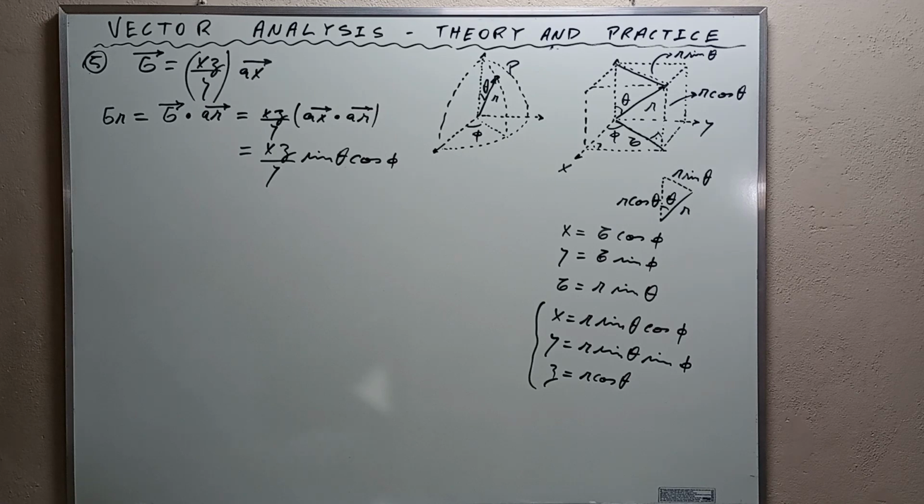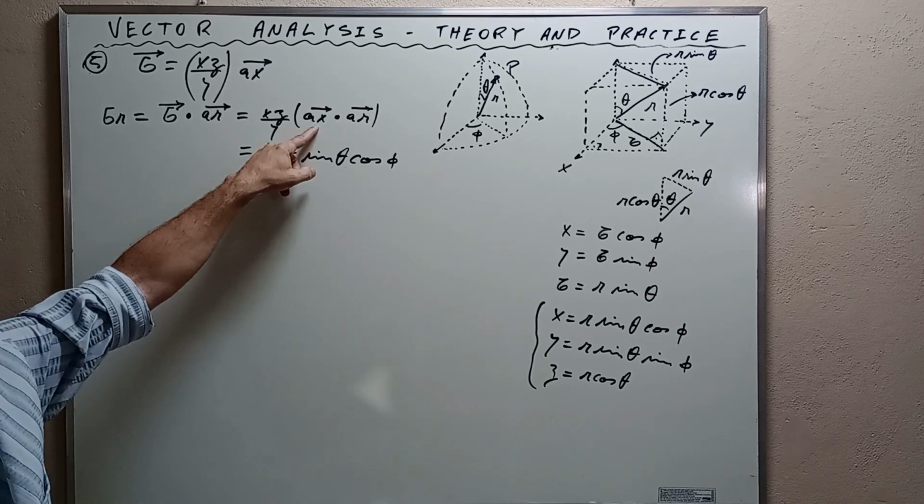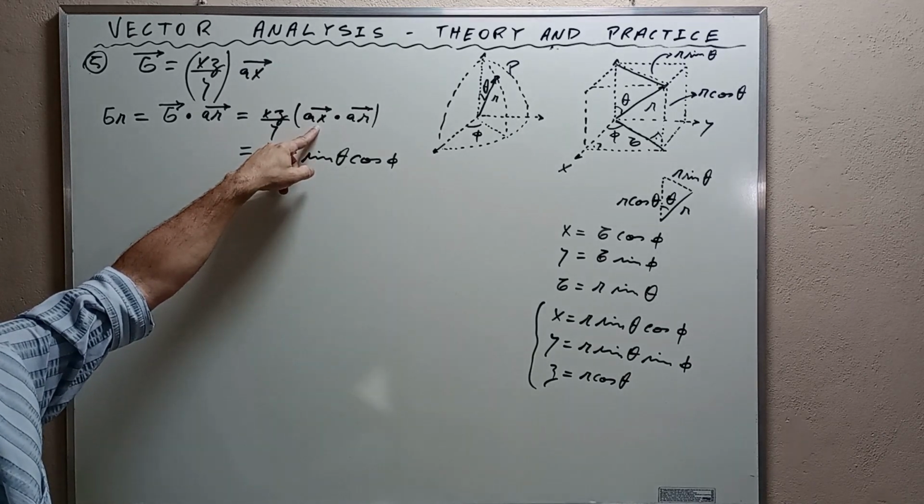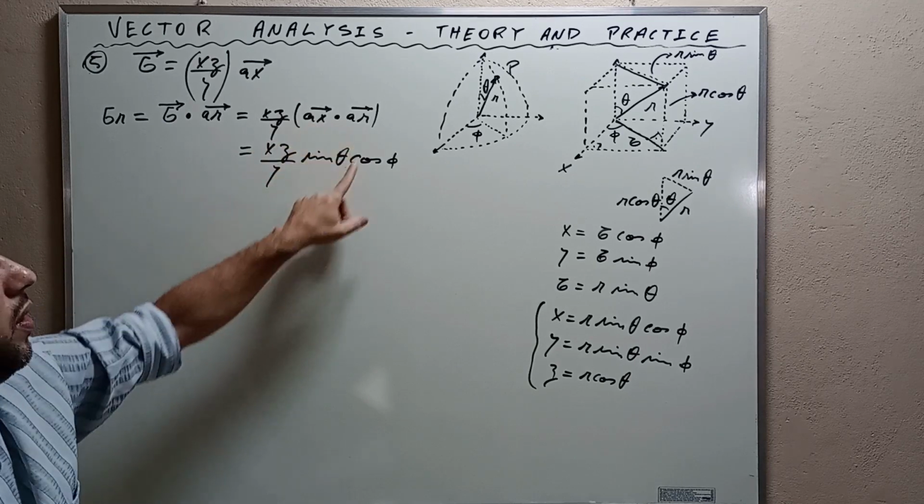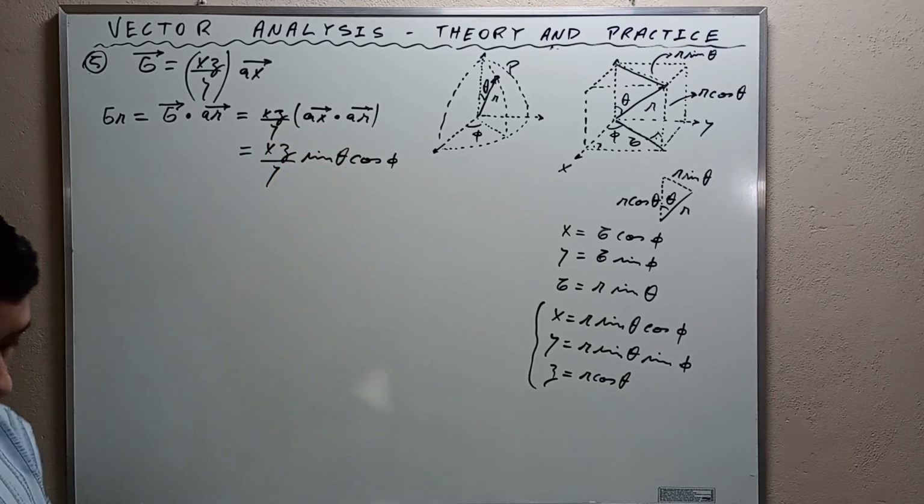I'm not going to have time here to demonstrate the dot product of Cartesian coordinates with spherical coordinates. If you use a table, you're going to see that AX in a dot product with AR produces this, okay?